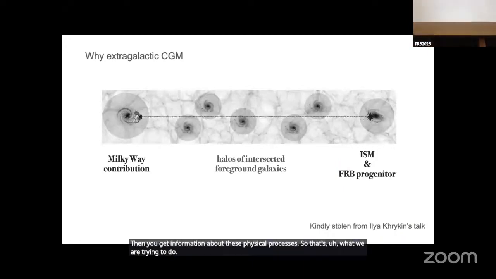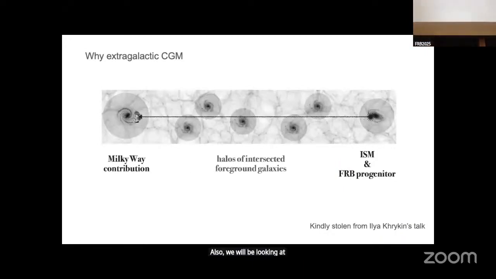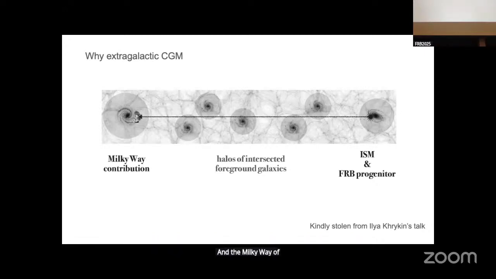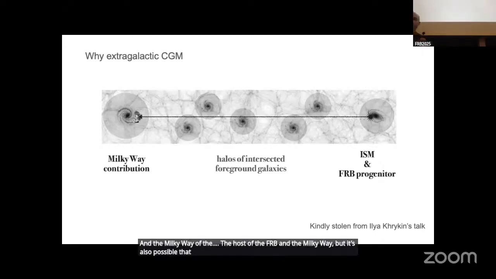Also, we will be looking at extragalactic halos. As Ilya Trikin and many others have emphasized, and we are starting to see, we should not only care about the host of the FRB and the Milky Way, but it's also possible that intervening halos contribute to the quantities that we measure: DM, magnetic fields, scattering.